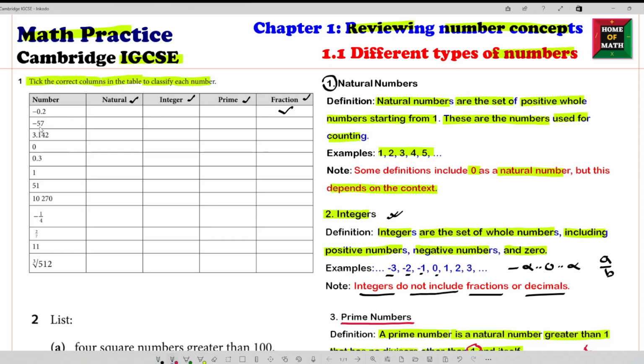Minus 57. Is it a natural number? No, because natural numbers are positive whole numbers.